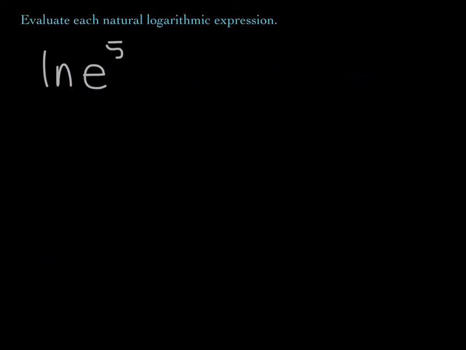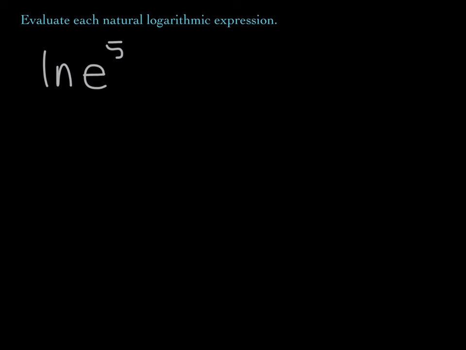Let's evaluate some log expressions. This is a natural logarithmic expression, okay? Now, I mentioned a little while ago that whenever you see ln, that means log base e. Also, please remember from an earlier lesson that a logarithm is simply an exponent. Once again, a logarithm is an exponent.